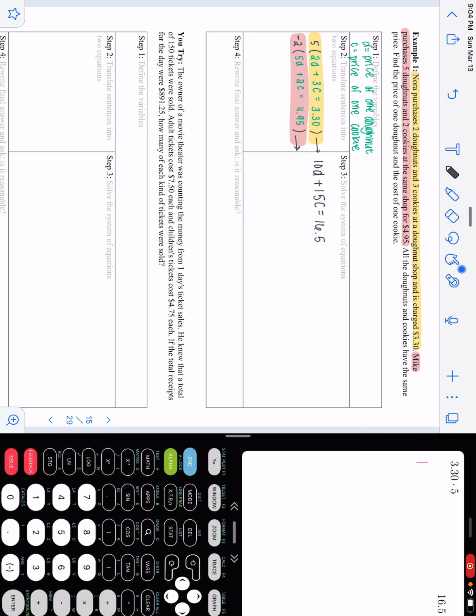Same thing on the bottom. Negative 2 times 5 is negative 10D. That's how I know I'm on the right track right now because we have opposite coefficients. Minus 4C equals 4.95 times 2 is negative 9.9.